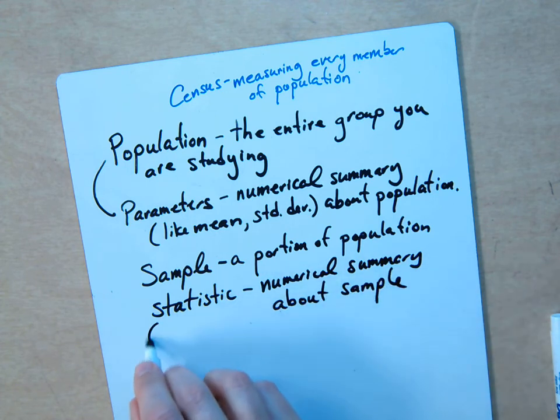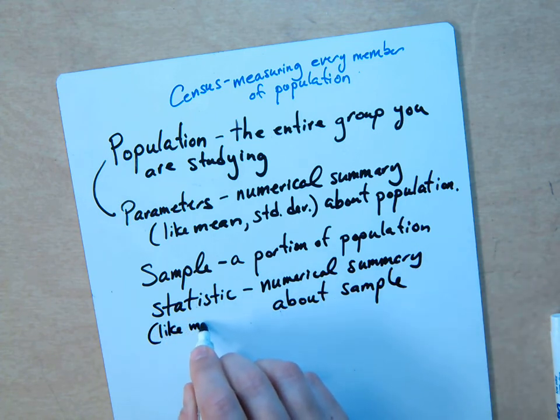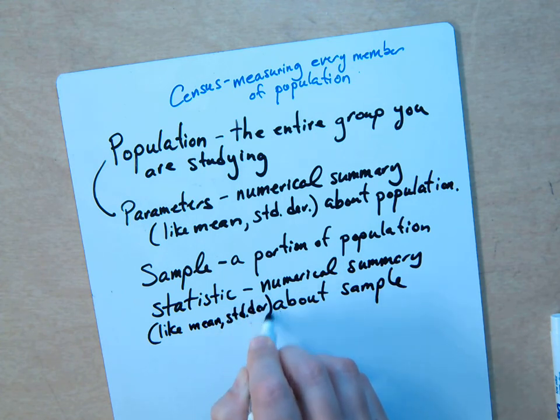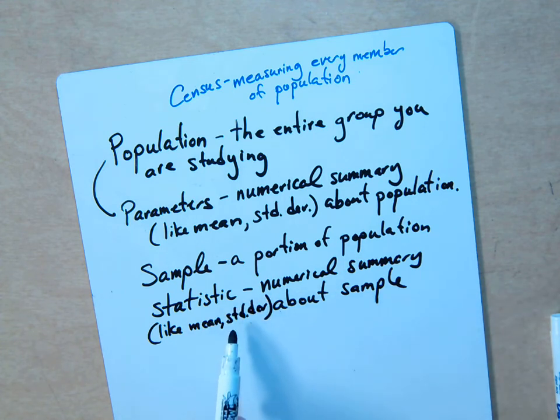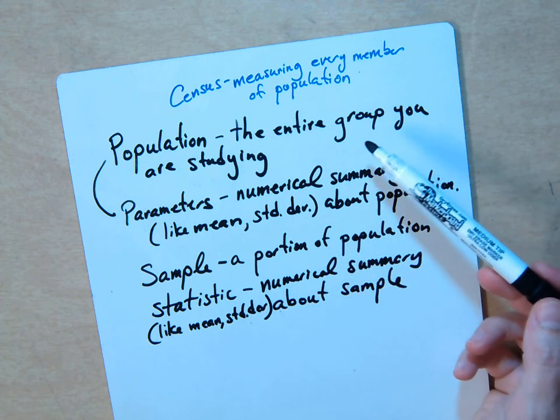So I'll write here just so it looks parallel, like the mean or standard deviation, except it's about the sample, so it's called a statistic instead. And at some point you're going to use statistics to figure things out about your population.